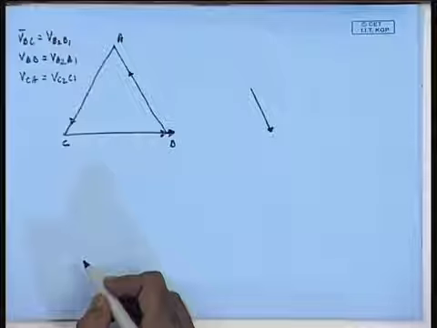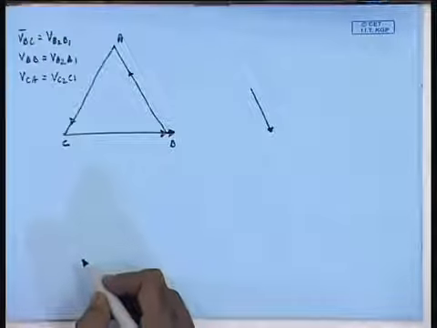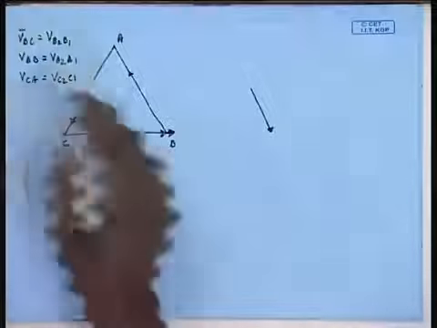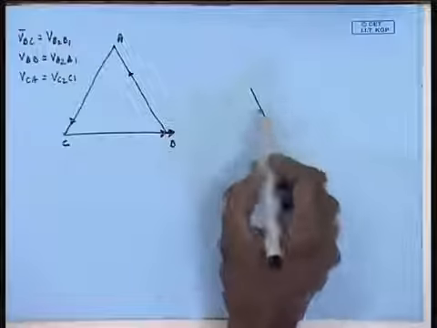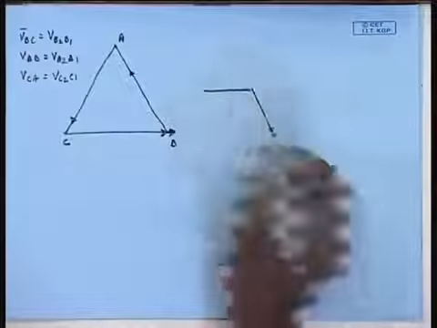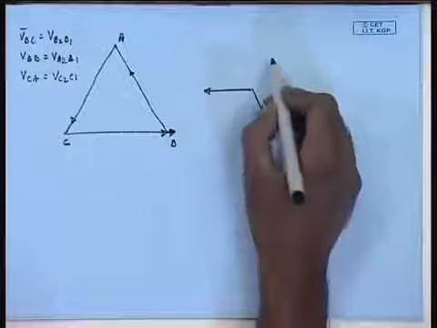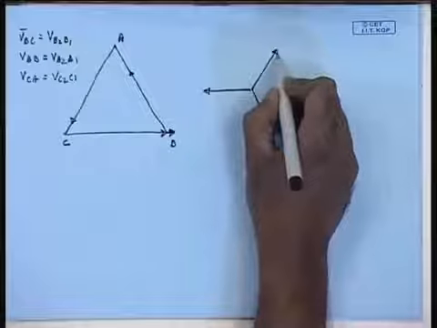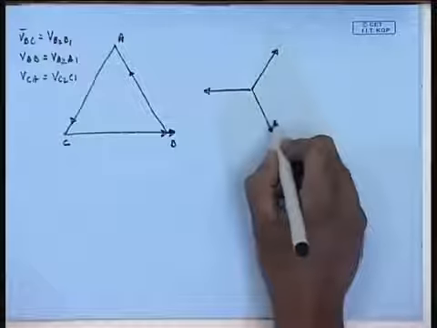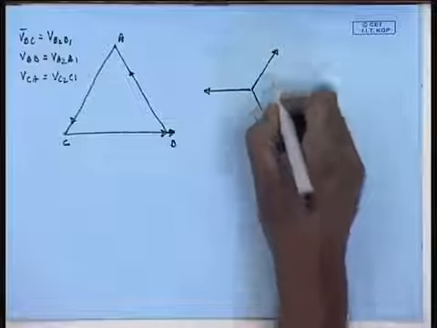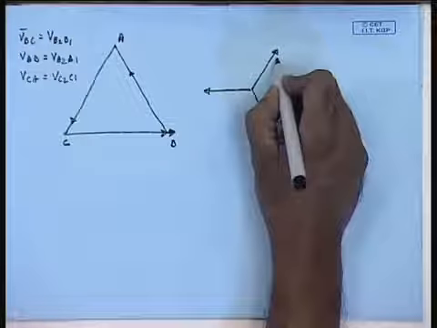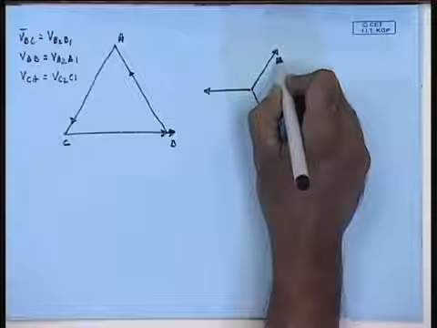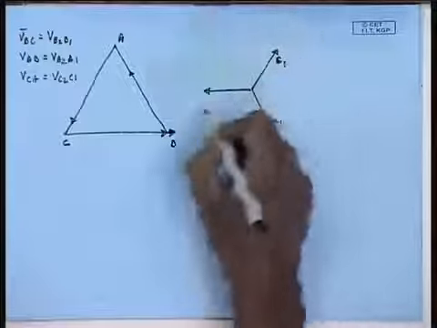Similarly, the phasor VB1B2 will be in phase opposition to VB2B1, which is VBC. So, this will be the phasor B1B2 and this will be the phasor C1C2. So, this is terminal A1, this is, sorry, this is C1 and this is B1.